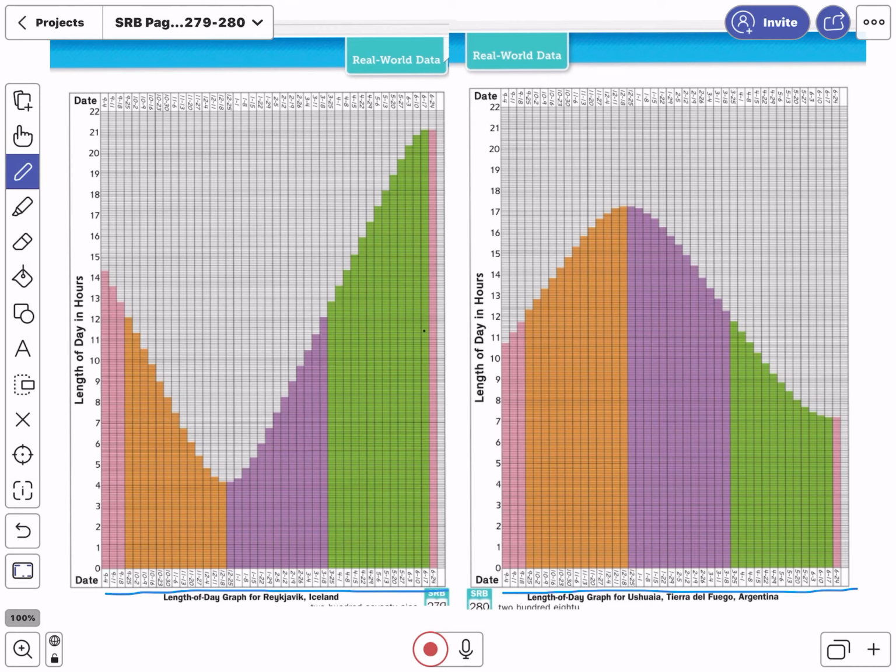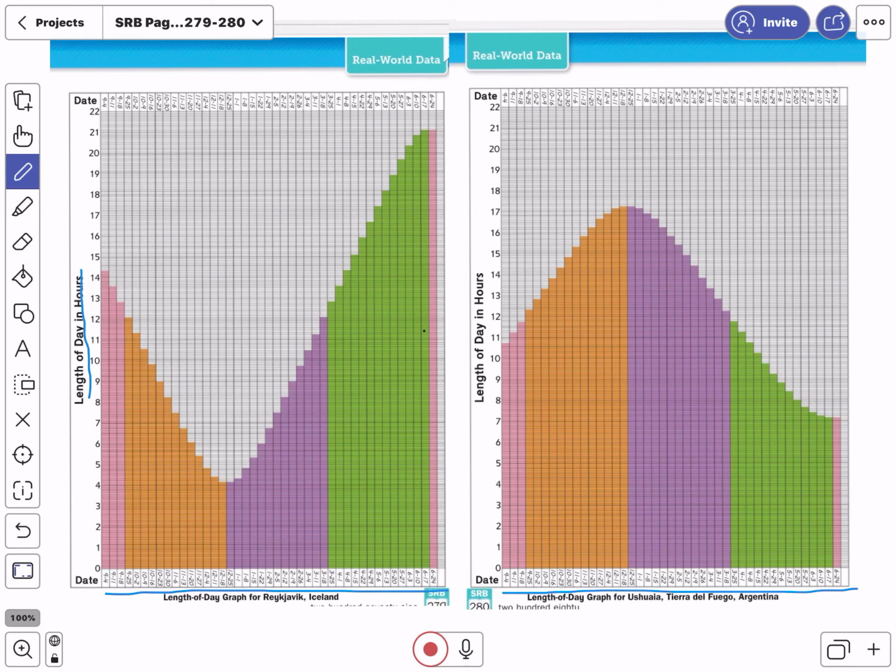When you're looking at the Reykjavik graph, the graph on the left, what is the shortest day, the shortest amount of sunlight? The hours go up the side, so we are looking for the day that goes up the shortest amount.